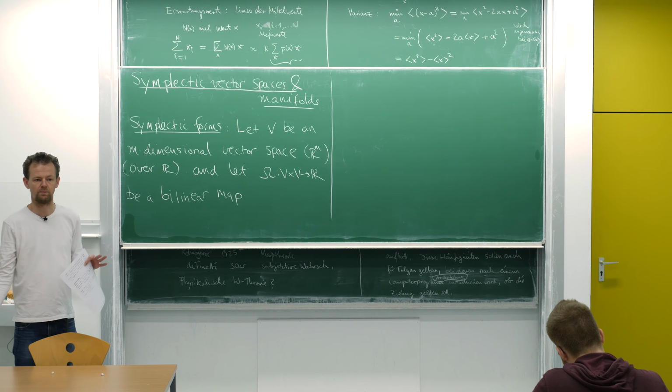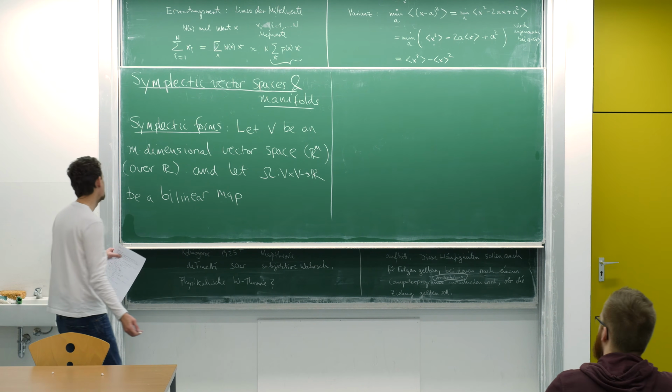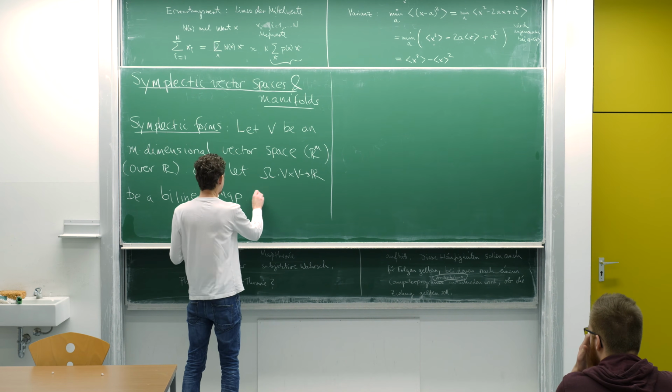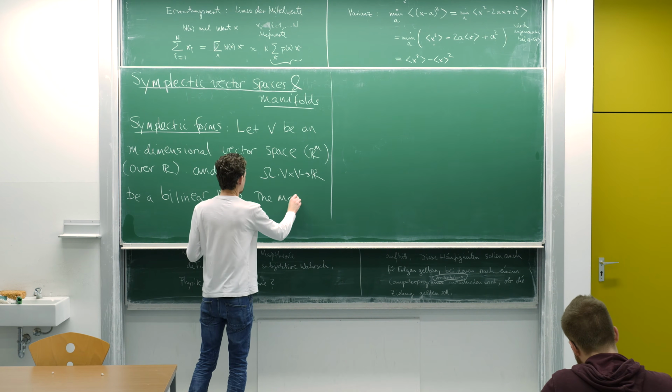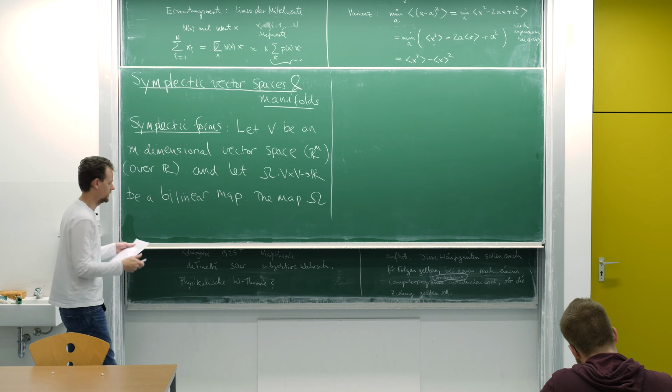This is the prototype of all the objects we're going to study in the rest of this course. It's going to be a bilinear map, but it's not just any old bilinear map. It's going to be skew symmetric.